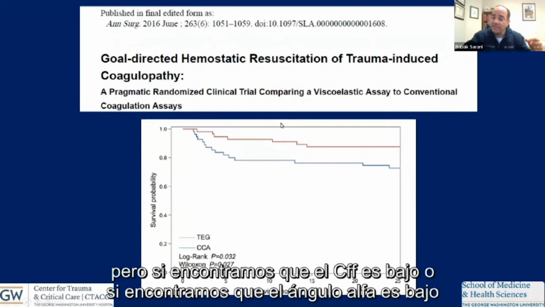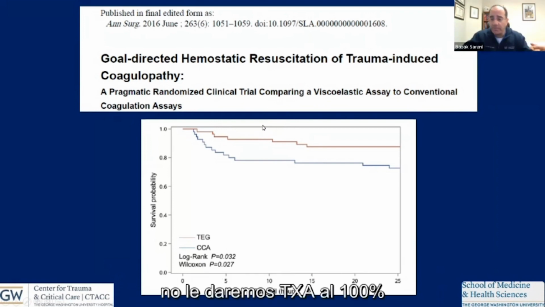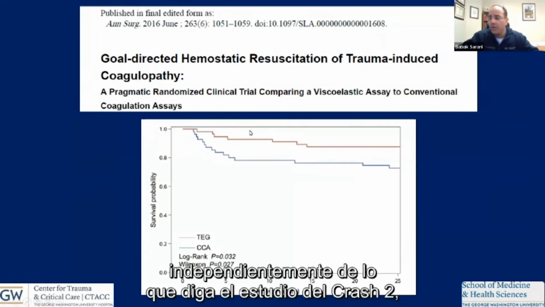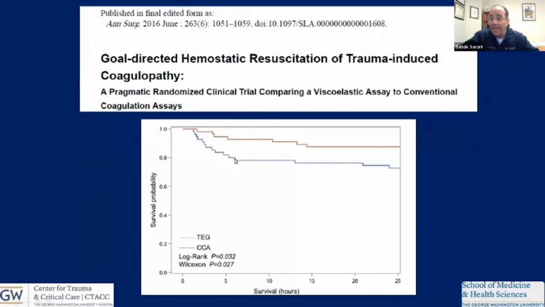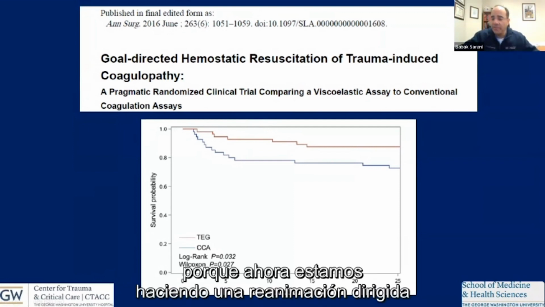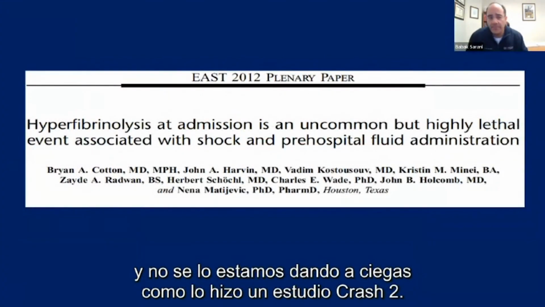But if we find that the CFF is low, or if we find that the alpha angle is low, we will give the patient cryoprecipitate. Similarly, we will 100% give TXA after 3 hours. We'll give TXA 5 hours after injury, regardless of what the CRASH 2 study said, if we see that the LY30 is going up, because now we're doing a directed resuscitation and we're not just giving it blindly like the CRASH 2 study did.